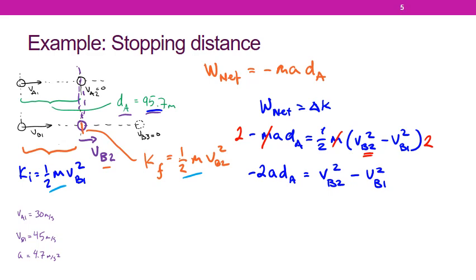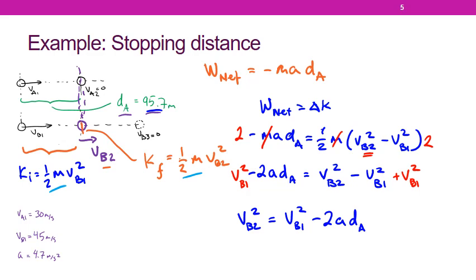Okay, look, now all I have to do is add the square of my initial speed to both sides. And what I'm left with should look awfully familiar. It says my final speed squared is my initial speed squared minus 2 times my acceleration times the displacement that I went through.